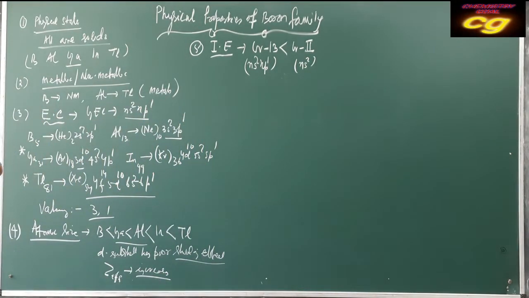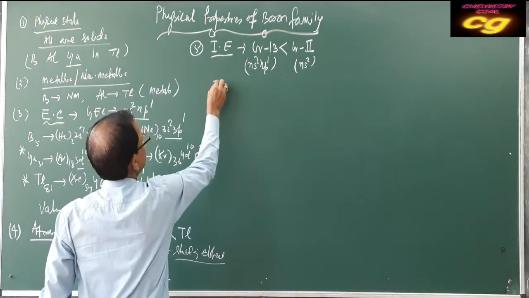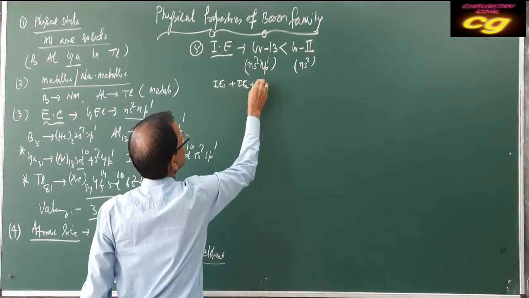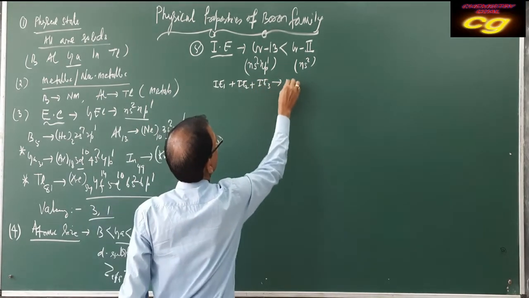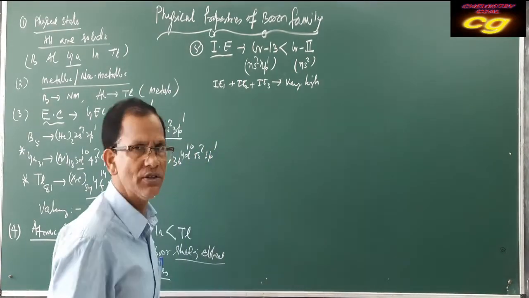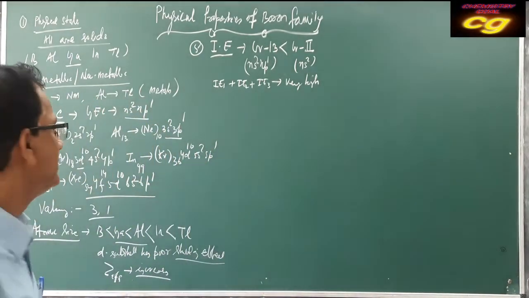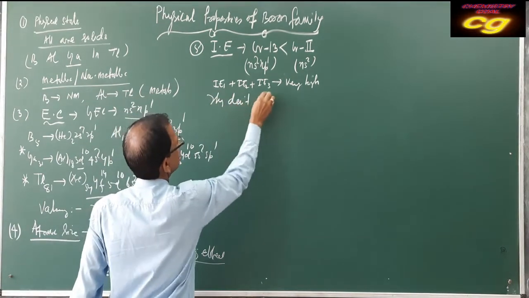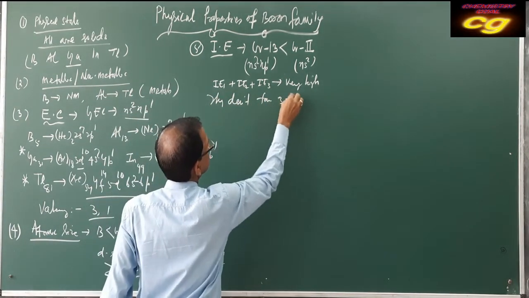But generally, I1 plus I2 plus I3 is very high. As the ionization energy is very high, generally they do not form the +3 state.